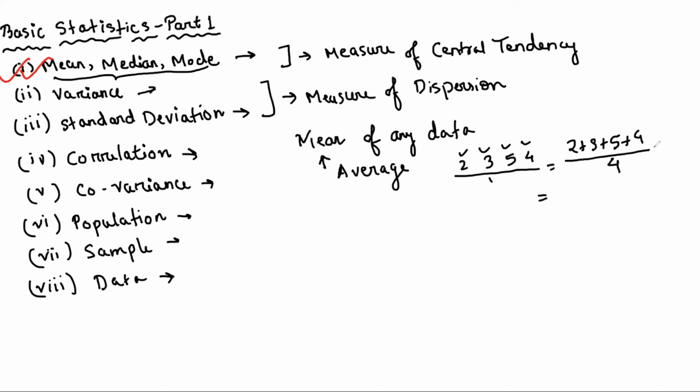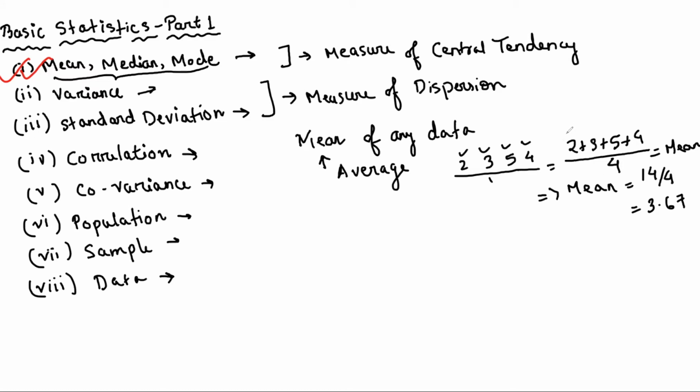Ultimately, what will the mean be in this case? 5 plus 5 is 10, 10 plus 4 is 14, and 14 divided by 4 is 3.5. So this will be the mean. This is how you calculate the mean.